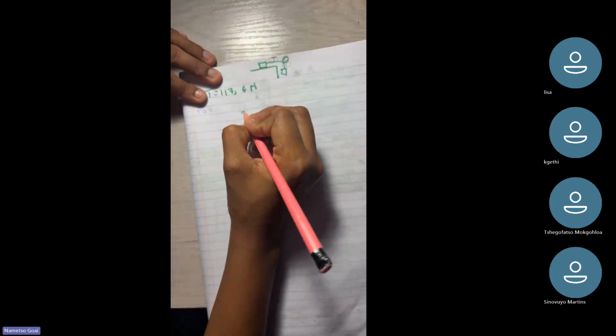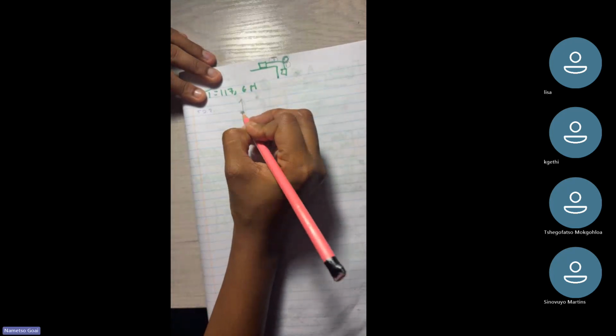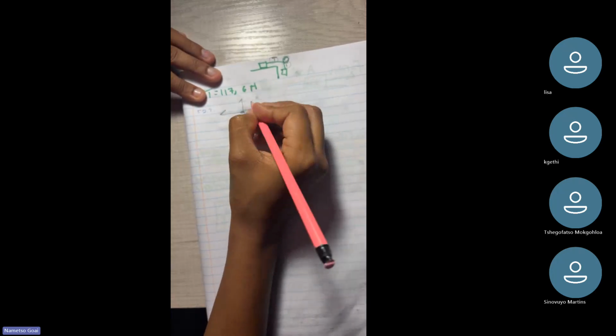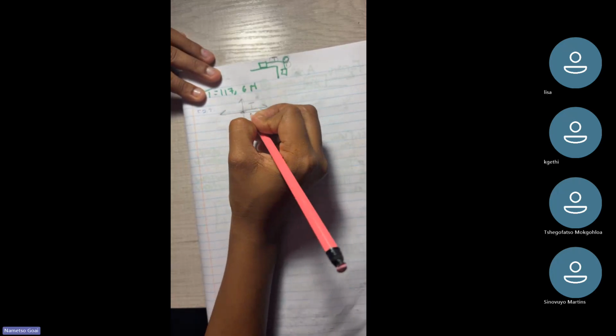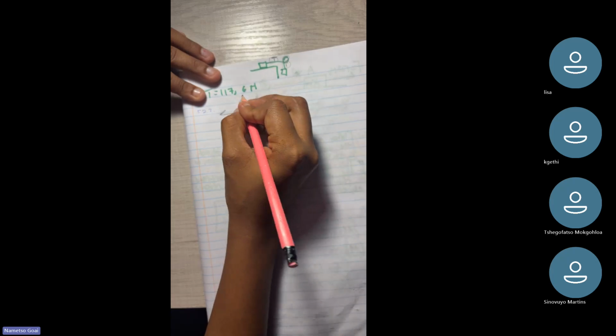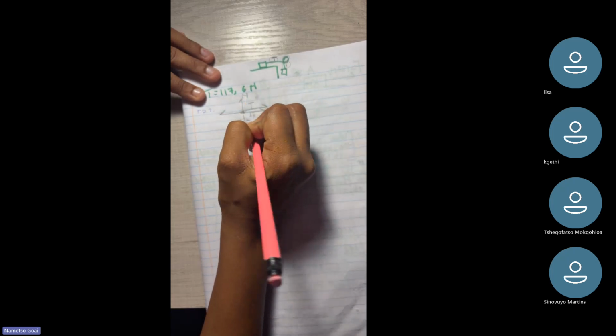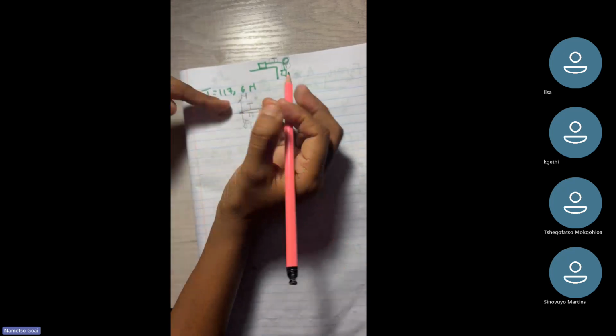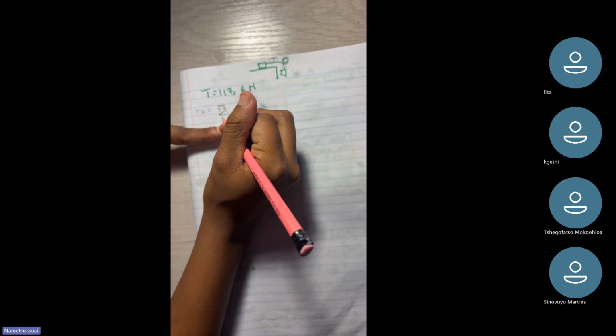Remember, dealing with block A, the forces are tension, Fk, normal force, Fg, and F applied. Remember, you can never have friction on this side.